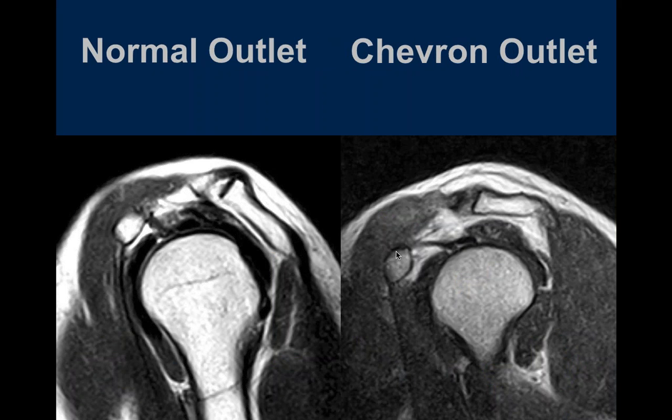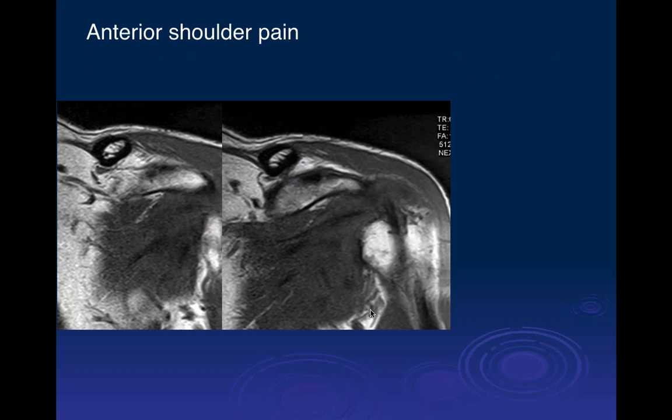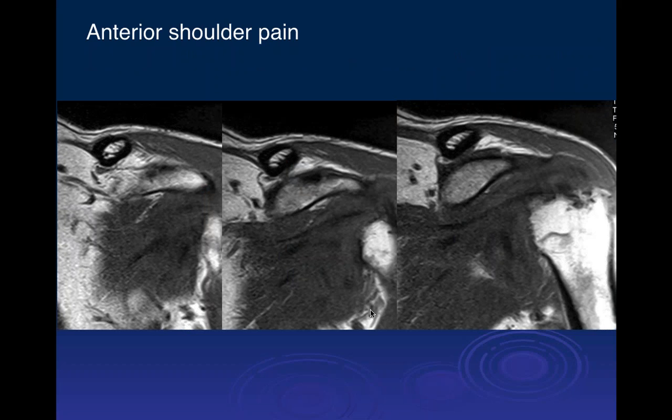And then here's one where we can see that the coracoid process is more inferiorly placed. Here it's more superiorly placed, but I think that there are better signs on MR than the chevron sign. And that just shows a chevron sign. So here's a patient with anterior pain.